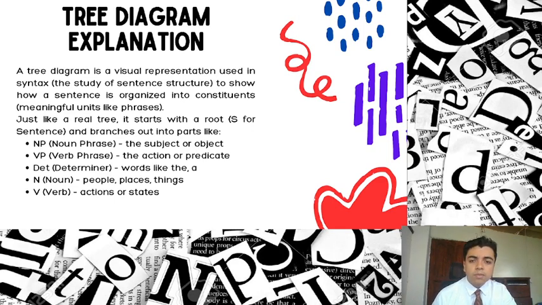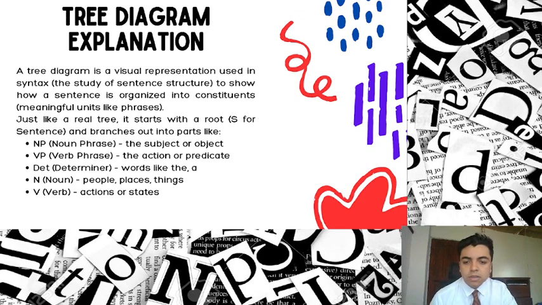Tree diagram explanation. A tree diagram is a visual representation used in syntax, the study of sentence structure, to show how a sentence is organized into constituents, meaningful units like phrases.